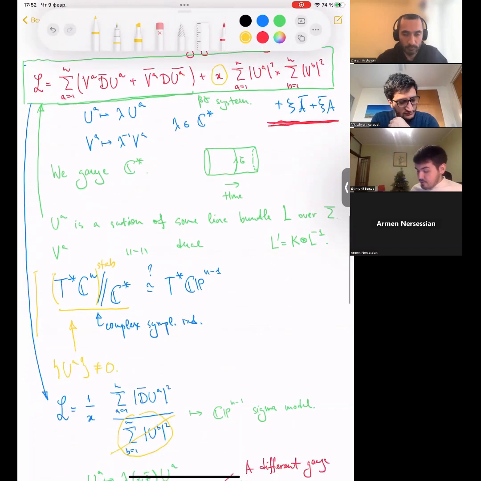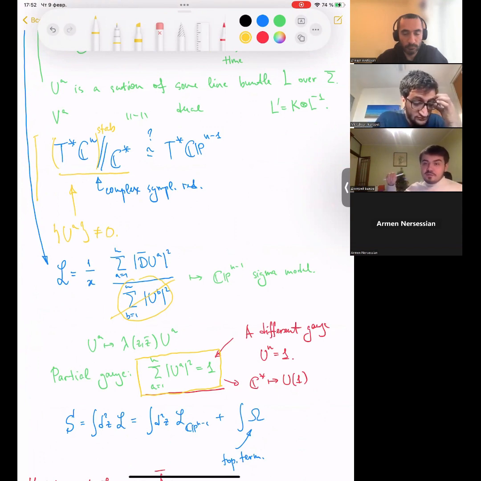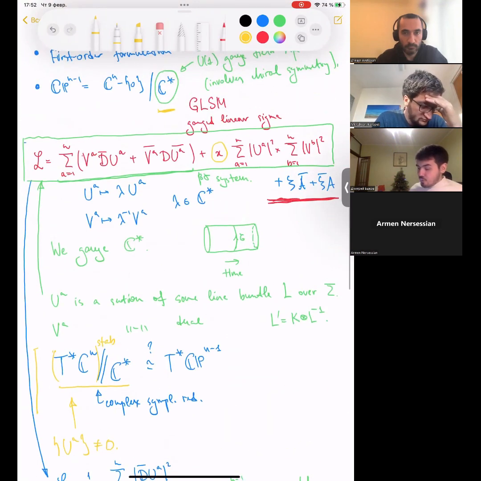So the standard constraint is this constraint, and solving it means that one restricts to a neighborhood of some point in the target space. And this gives an infinite number of interactions, and besides, it breaks the symmetry. So here, we just have a quartic interaction. That's all we have. And symmetry is not broken. It's SU(N) invariant perturbation theory.